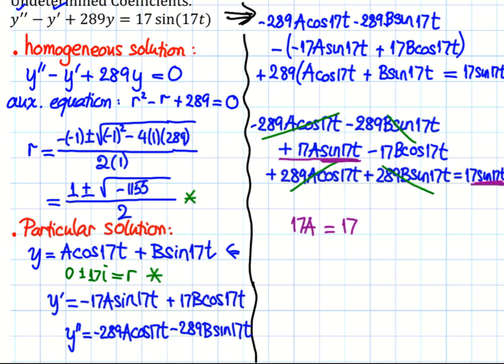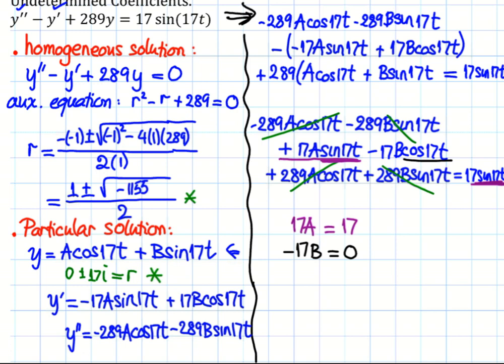Next, we see the b cosine of 17t, and there's no cosine of 17t on the right hand side, so that coefficient must match to 0.